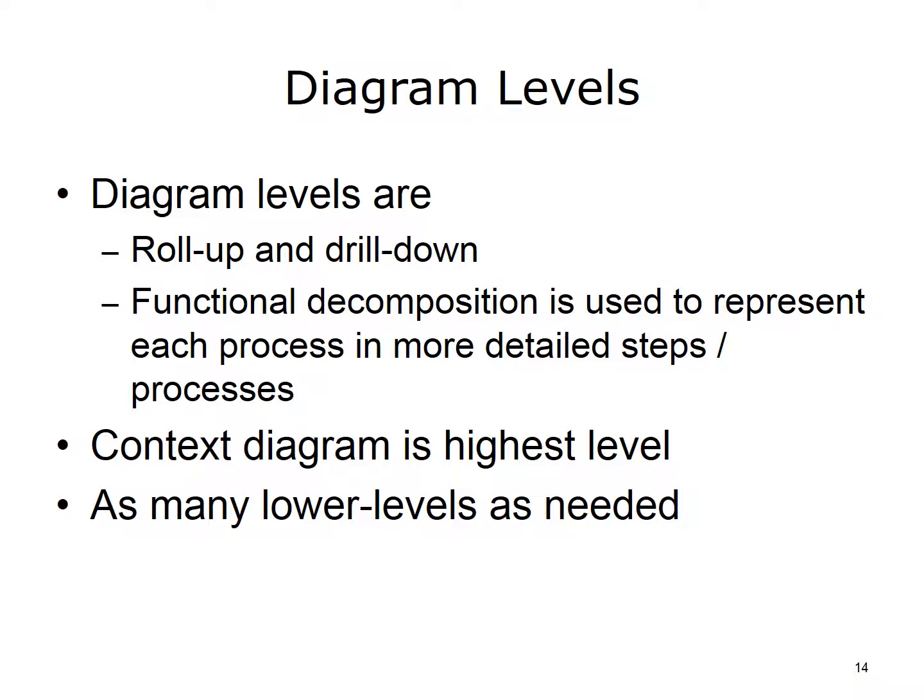Each process in a DFD can be exploded, i.e., redrawn to show increasing levels of detail. When this is done, decimal numbers can be used to identify the lower detail level process while maintaining the links to the parent or higher level process on the parent diagram. Context diagram is the highest level. There are as many lower levels as needed.